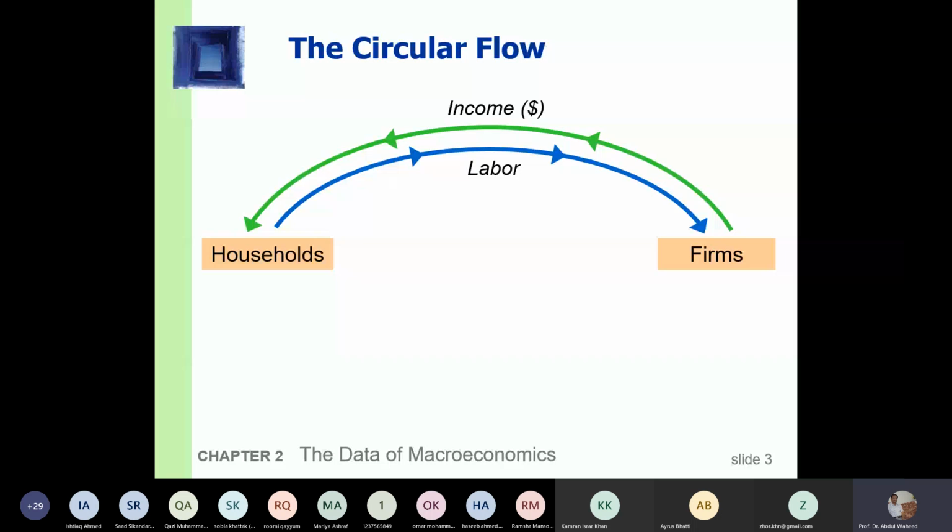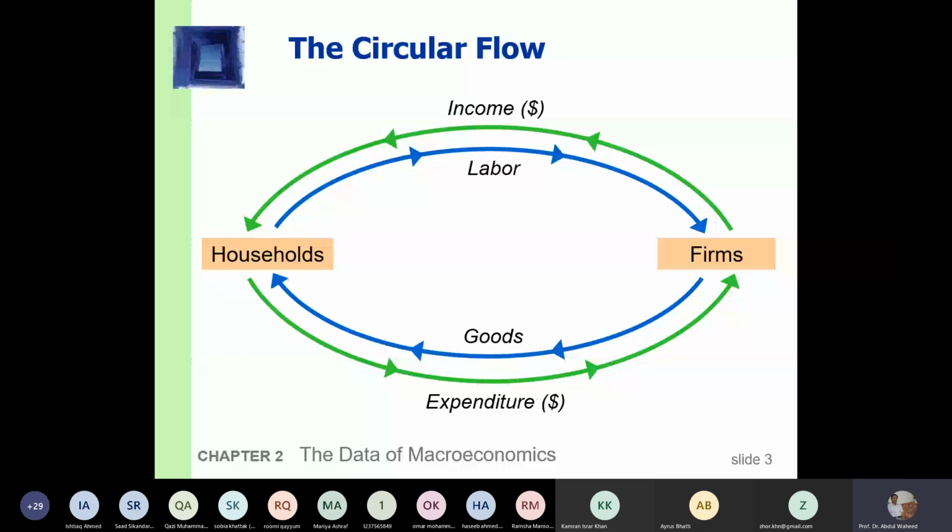The firm uses these services to produce goods. Because household gets income, they spend their income on the purchase of goods and services. This becomes expenditure. So we can see that income will be equal to expenditure.